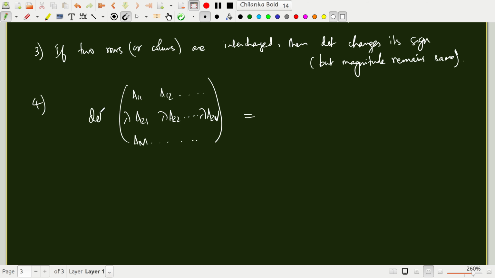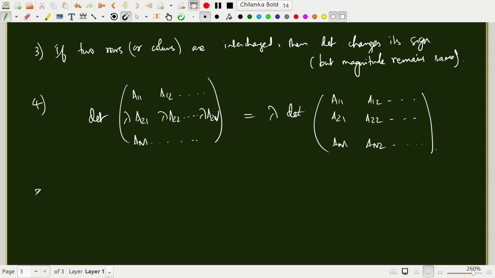Then the determinant of this matrix is lambda times the determinant of the matrix without the factor. Let me just write it properly: determinant of simply a11, a12, a21, a22, an1, an2, and so on.